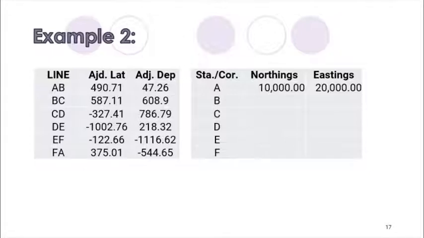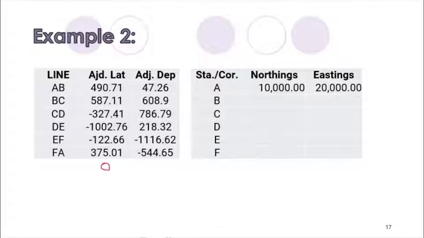Okay, so another example is we have again another adjusted closed traverse. So it is a closed traverse because it started with A and then closed with A. So we have the adjusted latitude. Please check on this. This should be 0 when you sum this up.